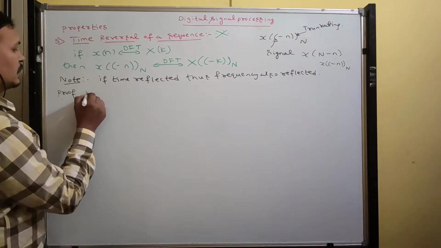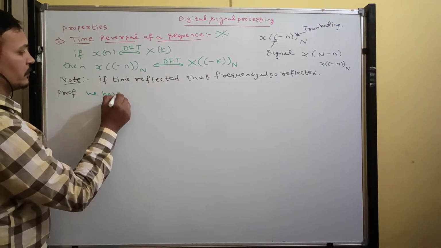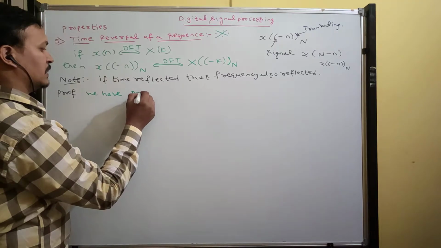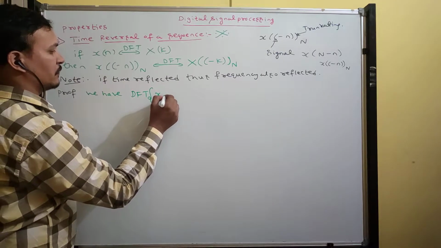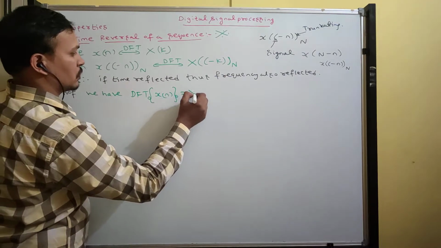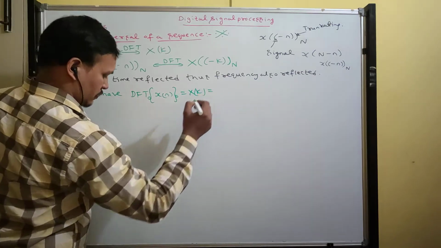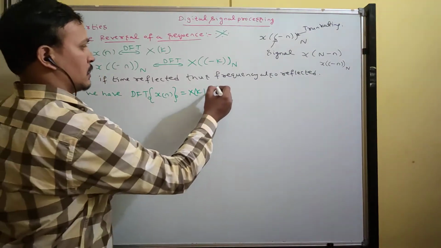Look at here. What is DFT? DFT of x of n is equal to X of k. What is the formula of DFT?